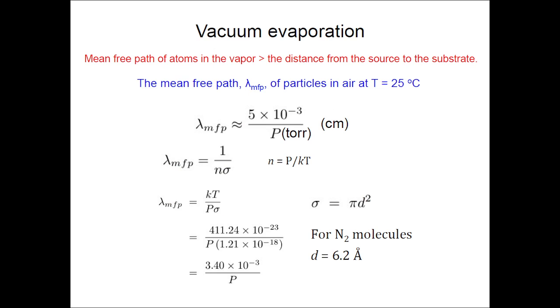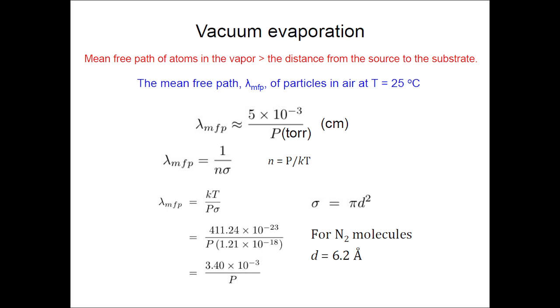In vacuum evaporation, the mean free path of the atoms in the vapor should be greater than the distance from the source to the substrate, so that we can ensure there will be no collision between the particles before they deposit on the substrate. The mean free path of a particle in air at 25 degrees Celsius is 5 × 10^-3 / P torr, where P is the pressure. Since we have a vacuum, the pressure will be of the order of 10^-6 torr.